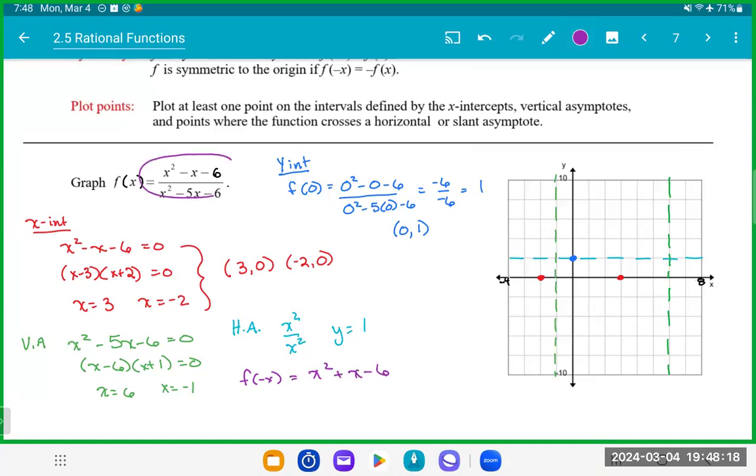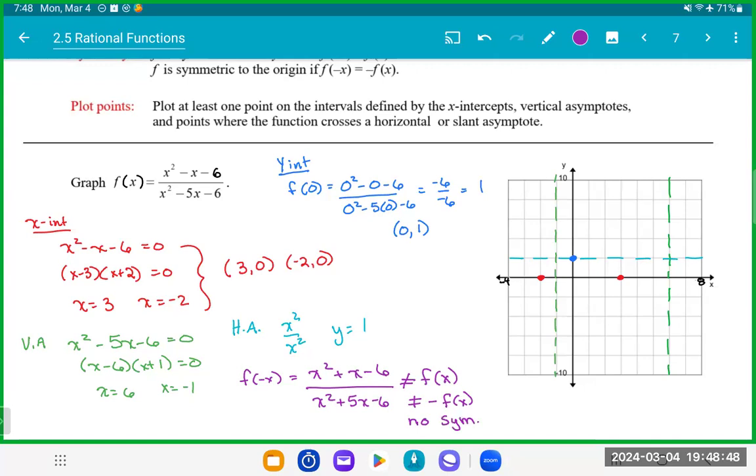So I've just plugged in a -x for all of these, divided by, that's still going to be x squared, but this is plus 5x minus 6. That is not equal to my original, and it is not equal to negative of my entire function. Therefore, there is no symmetry, okay, with respect to either the y-axis or origin.